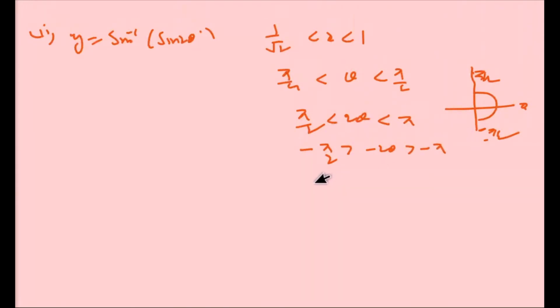Okay, now if we take here adding pi by 2, so what we get here? Minus pi by 2.